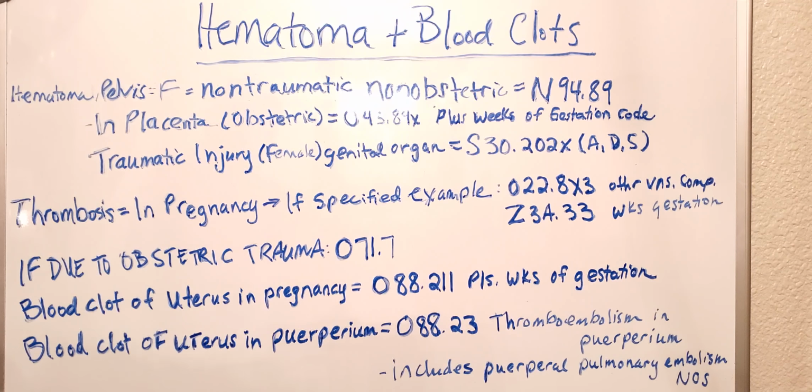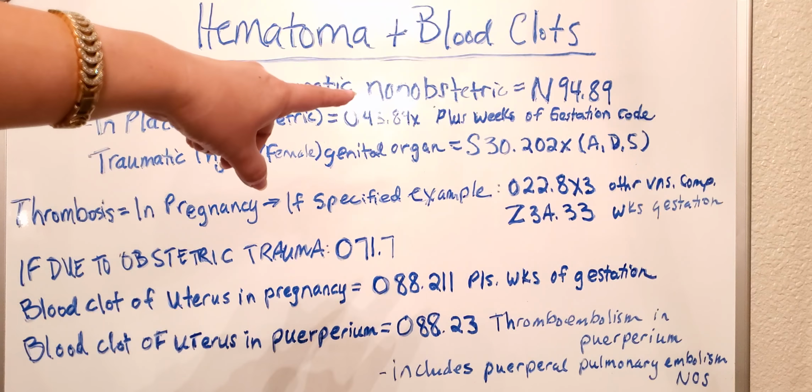Now, if this is due to an obstetric trauma, that's going to be something that's different. It is understood that sometimes these traumas happen when a mother is in labor, or is giving birth and things like that. So you're not going to be looking at these S codes.